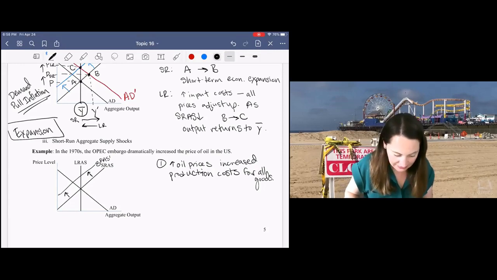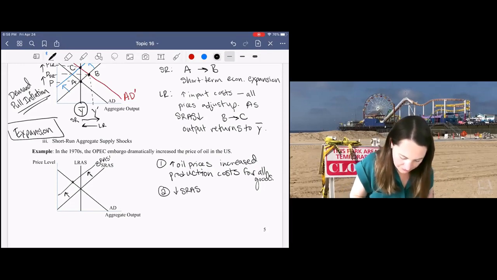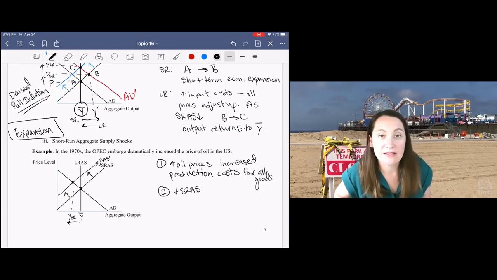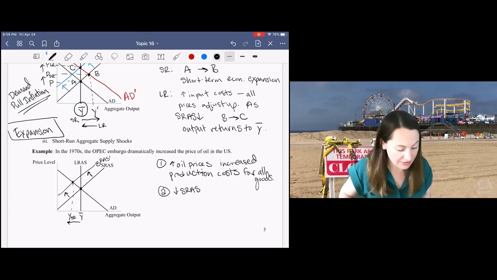and that leads to a recession, a short-term deviation in output away from its long-run potential.